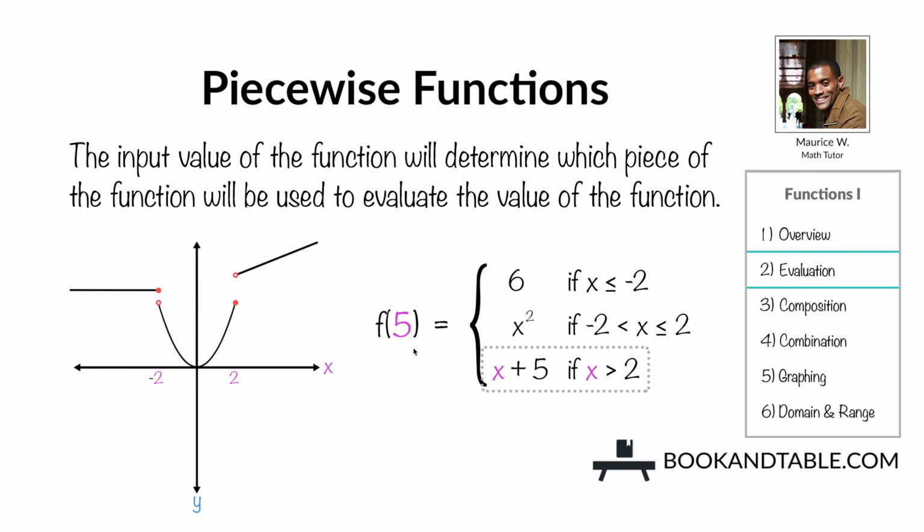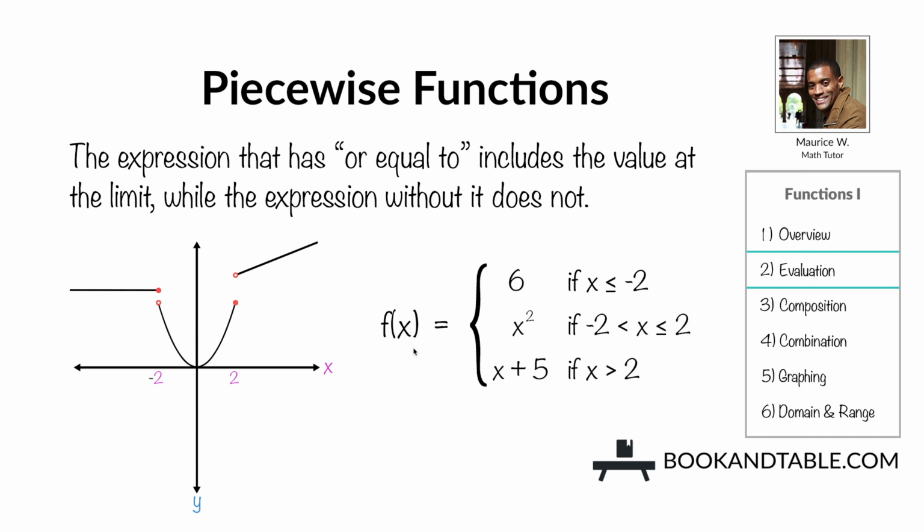Now, one more thing. The expression that includes or equal to includes the value at the limit, while the expression without it does not. So what does that mean? Here at negative 2, where we're going from one interval to a second, the circle that is filled in includes that value. So negative 2 is a part of this first interval. X is less than or equal to.